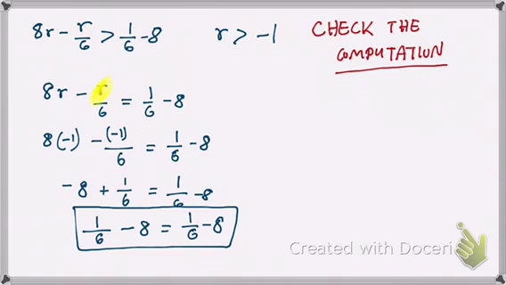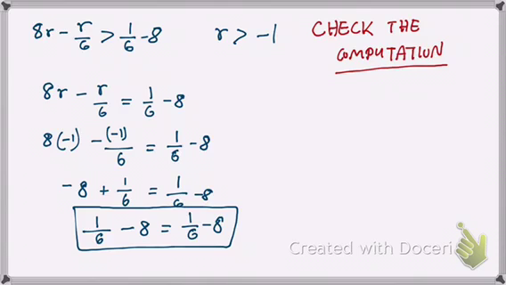When you replace r with -1, we will get 8 times -1 minus, when we replace this r with -1, minus of -1 divided by 6, which is plus 1 by 6.